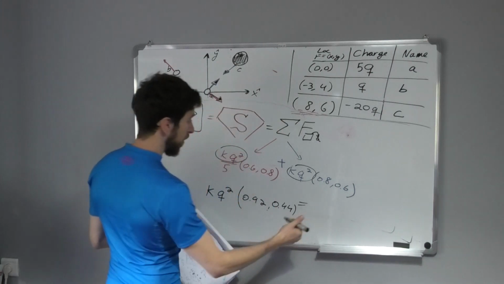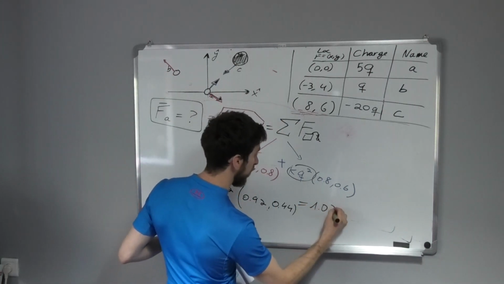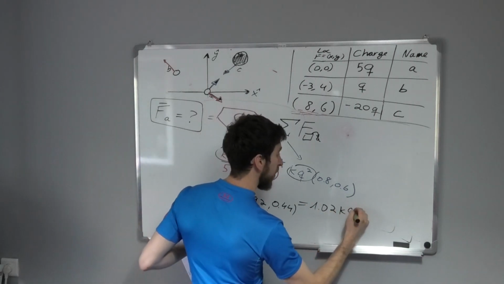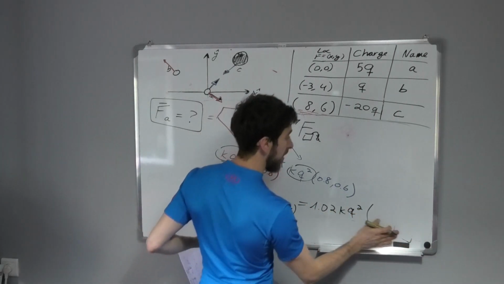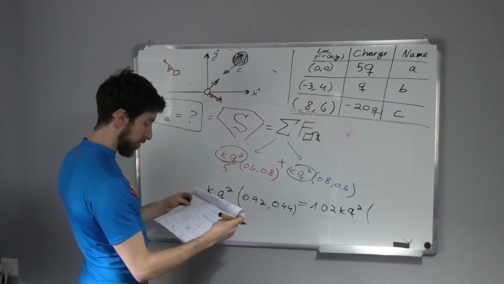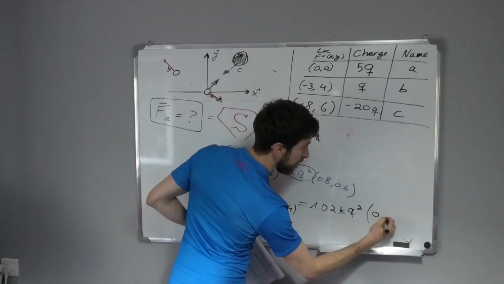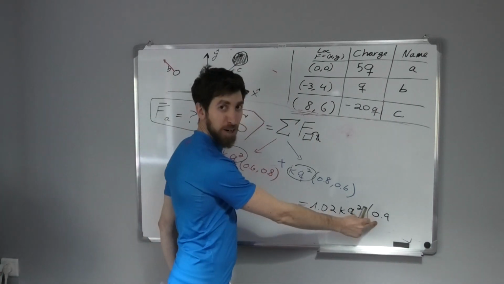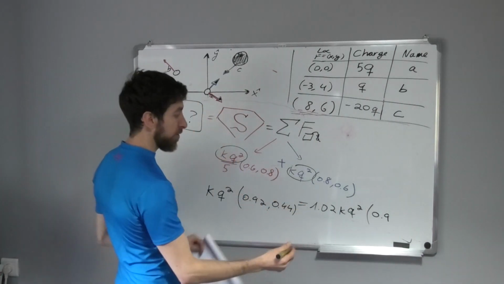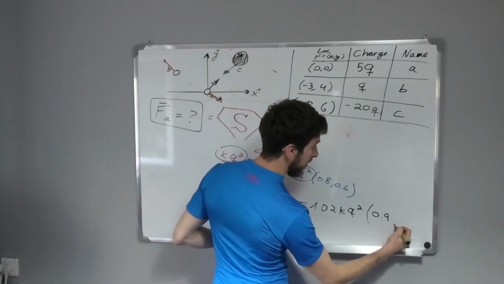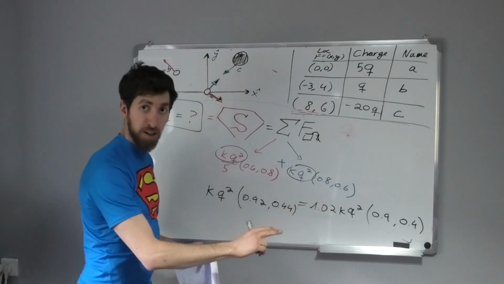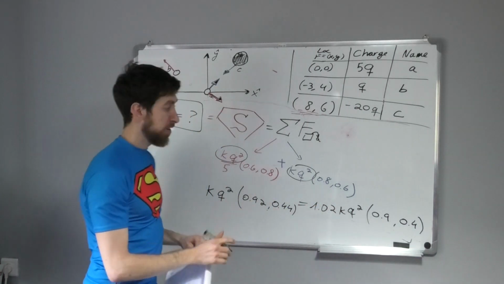So this is 1.02, almost normalized, you see it's almost 1, KQ squared, and here I have the direction of the vector, which is 0.9. You see it's almost only in the x direction, but a little bit to the y. And both positive, okay?